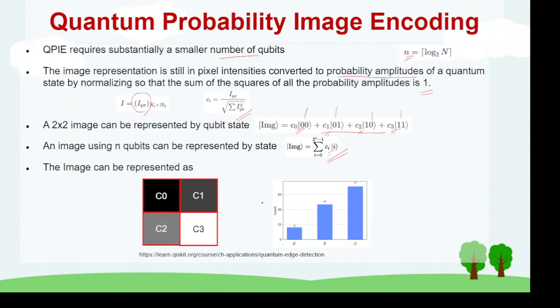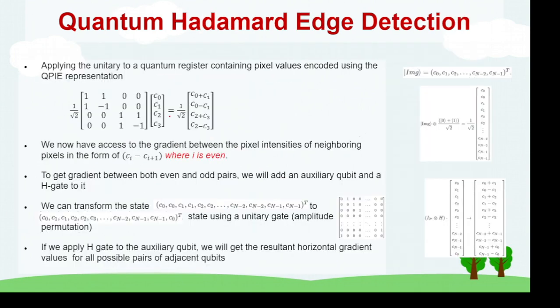And we know the state of the qubits is given by a row vector C0, C1, C2, C3, correct? All the four possibilities with their probability amplitudes getting listed here.